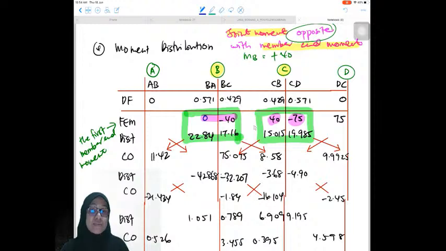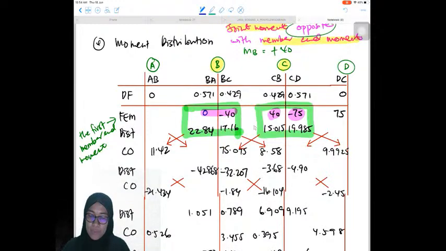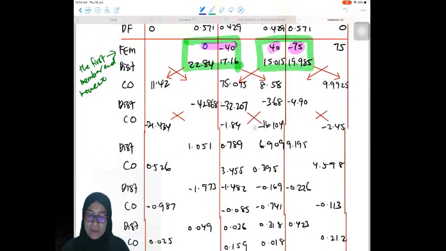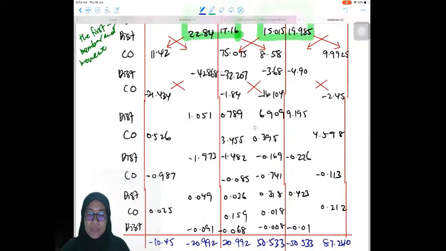And this is the third part, where we have already determined the member end moment for the beam using the moment distribution method. As I mentioned in my previous video, these are all the moment values, the member end moment or internal moment.